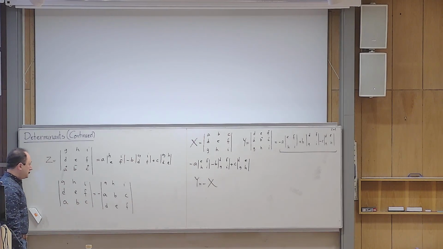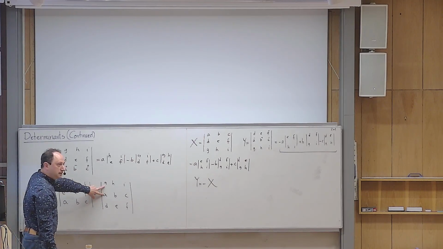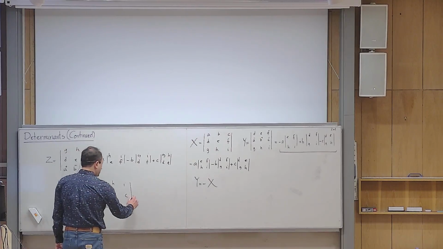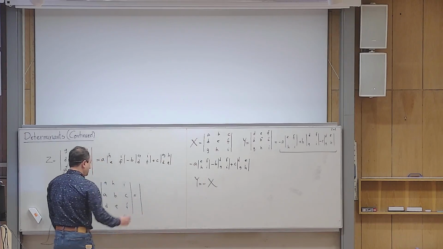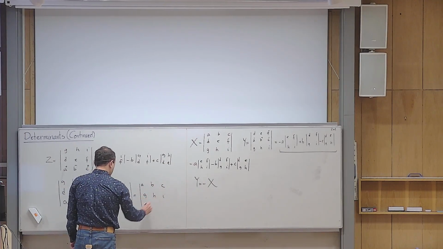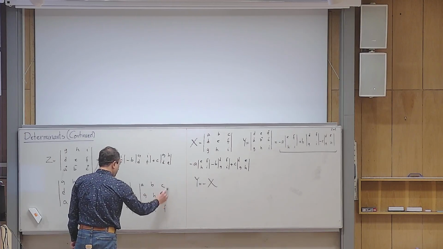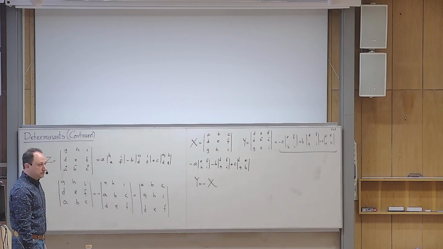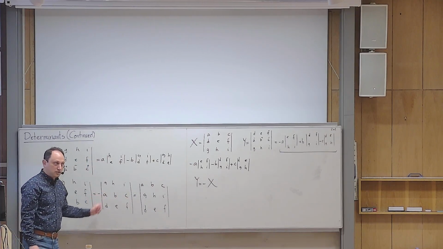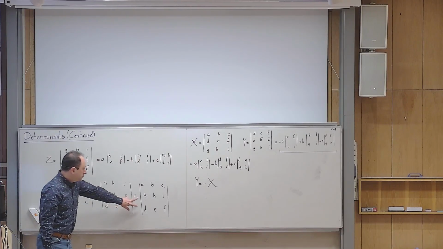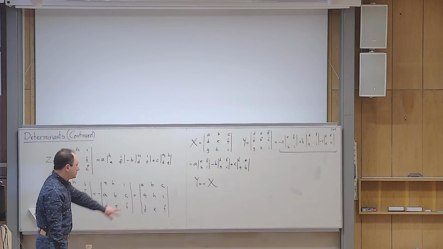But now what I do, I again interchange these adjacent rows. So what happens? This time, it becomes A, B, C, G, H, I, and D, E, F. Do you agree that I don't need any minus sign anymore there? Because I pick another minus sign which cancels that one. And then what happens? I interchange these two once more.